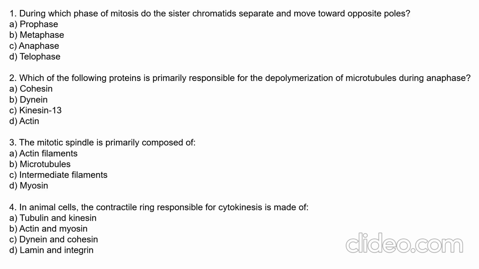Okay, next question. In animal cells, the contractile ring that's responsible for cytokinesis, what is it made of? Option B. Does anyone have any other answers? I think everyone agrees, so it's correct. Very good. It is actin and myosin.